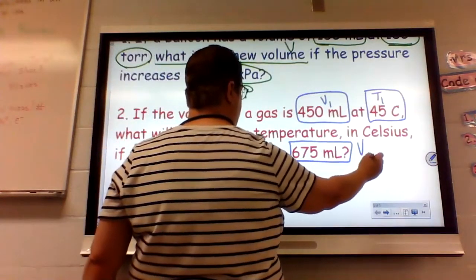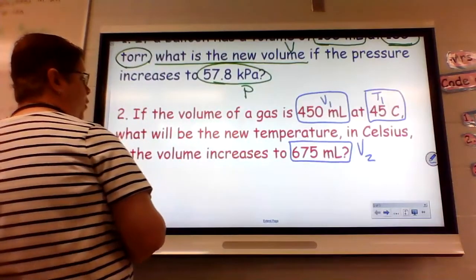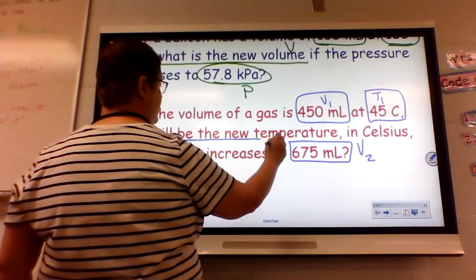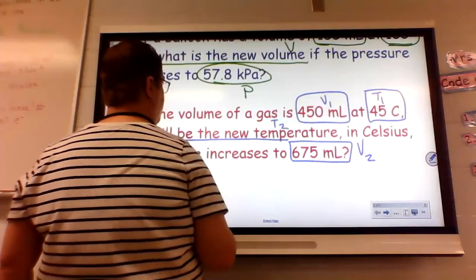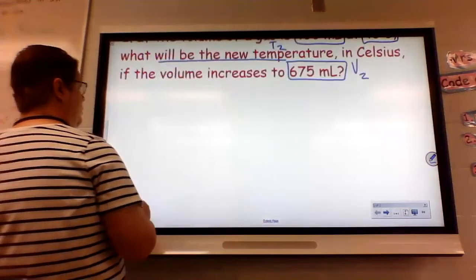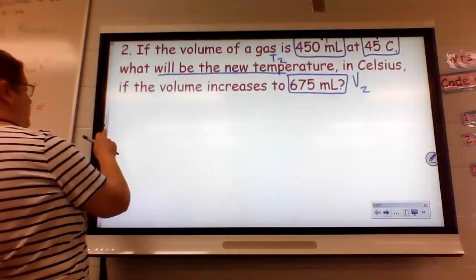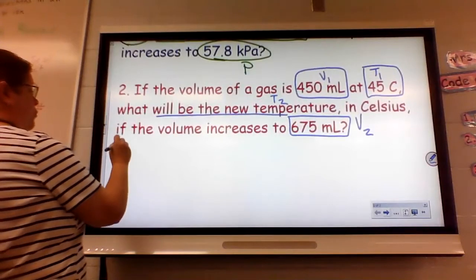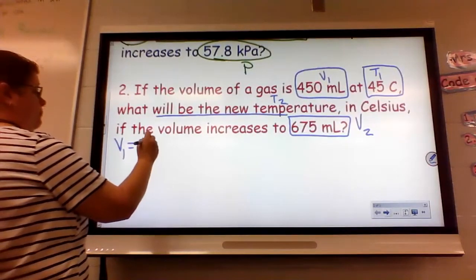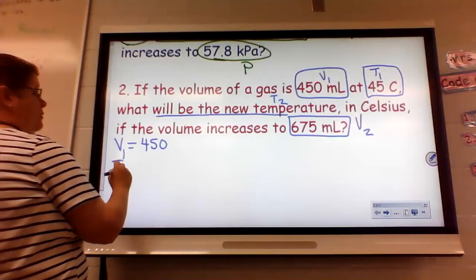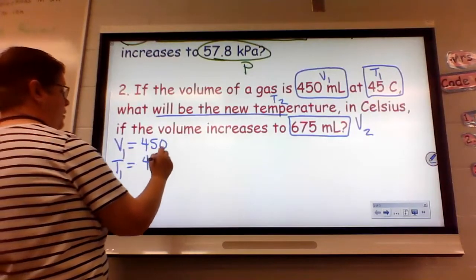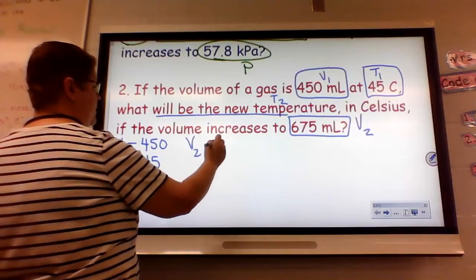So that's got to be V2. They're solving for the temperature, so we're solving for T2. Based on that, V1 is 450, T1 is 45, V2 is 675.